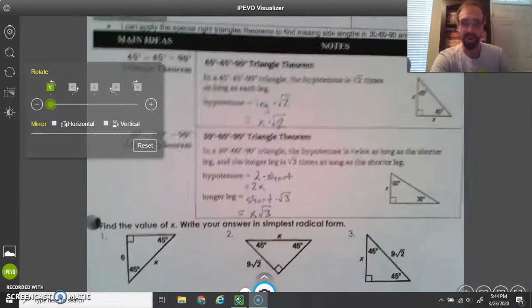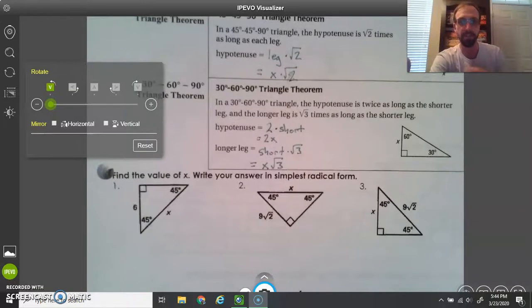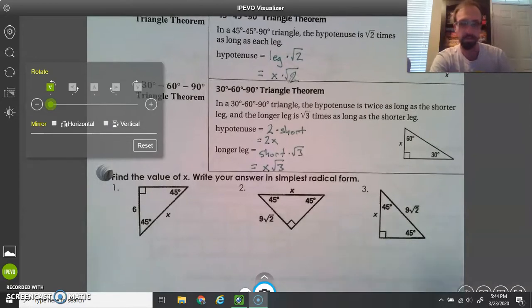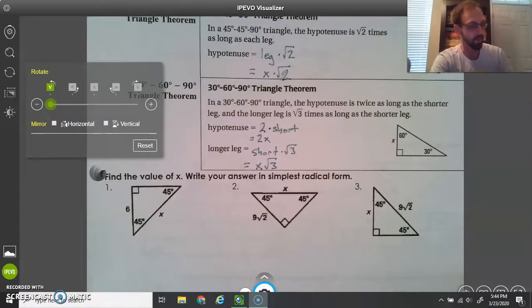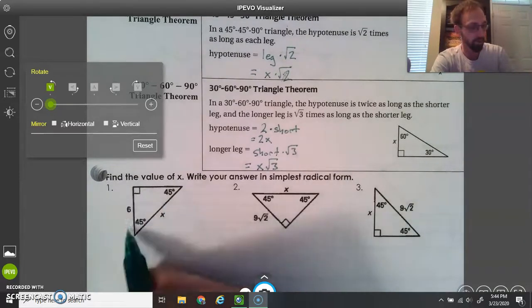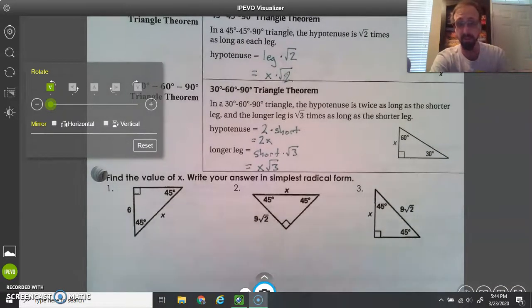So that's the top part. This bottom part says find the value of x and write your answer in simplest radical form. To do this, we refer back to the formula from up above. This one, we're trying to find the hypotenuse, and we know the leg. This is a 45, 45, 90. First thing you want to do is identify which triangle it is talking about.